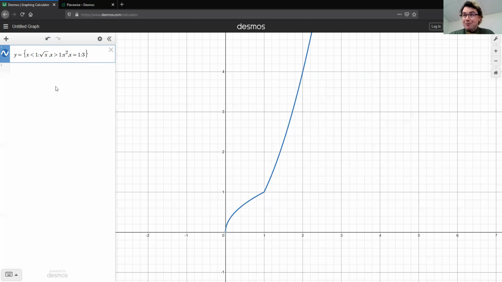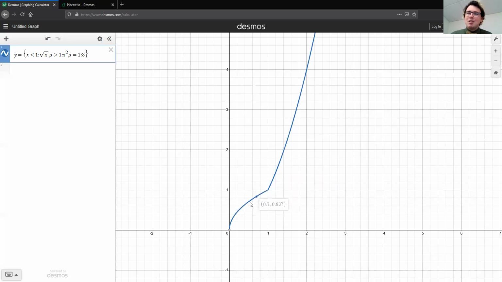The short of it is that when we are working with piecewise functions defined for different ranges of x, we'll have to be considering what's happening on the left-hand side and the right-hand side of our limiting point. And if the actual formula of the function disagrees with that limit, then so be it. The limit is not equal to the value of the function there.